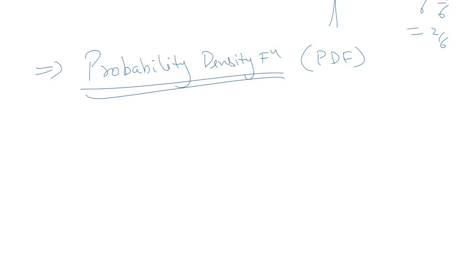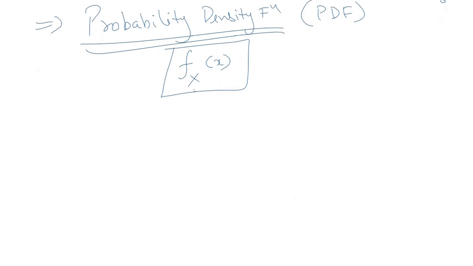The standard notation of this PDF is small f subscript x, which is the random variable, and the running variable small x. You can say it is an alternative description of the probability distribution of a random variable, and it is often very useful. Okay, how do we define it?